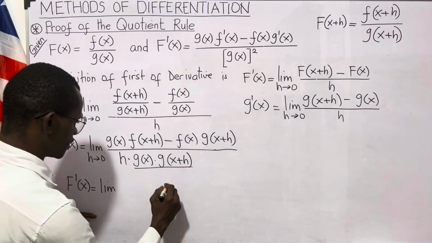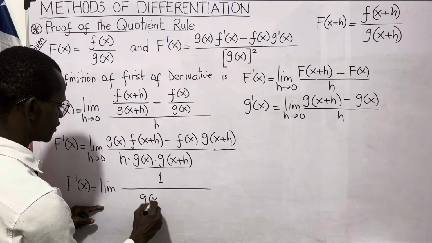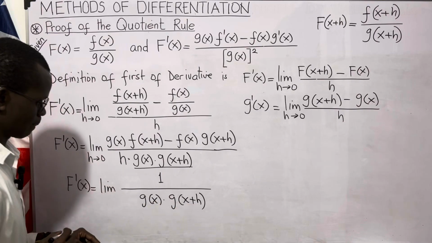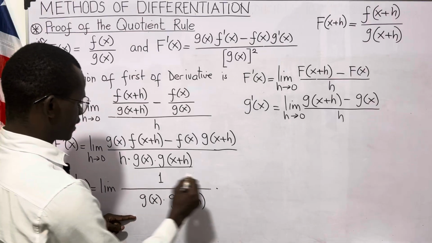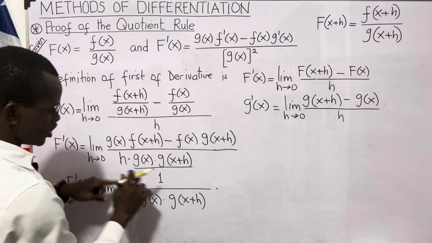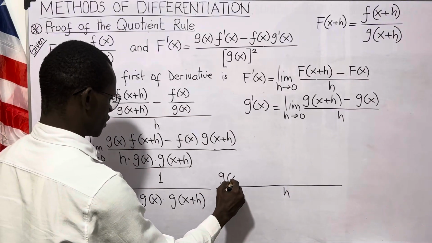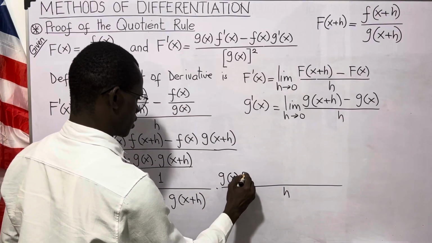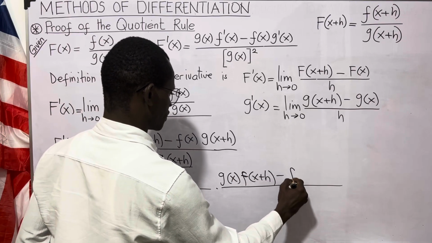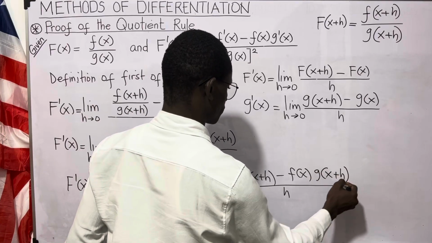If we factor out this expression, we're going to get 1 all over g of x times g of x plus h, times this entire numerator divided by this h. So we have h, then g of x, f of x plus h minus f of x, g of x plus h.